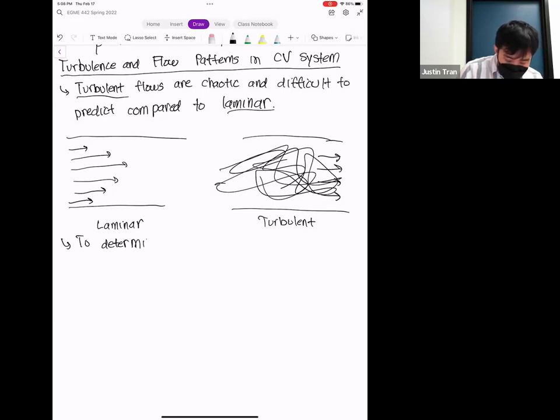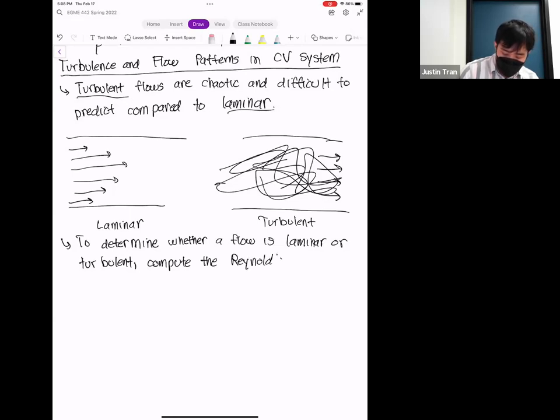Yep, I heard it in the audience. The main way that you determine this is to compute the Reynolds number. There are lots of different definitions of the Reynolds number, but I'll give you the definition for pipe flow.